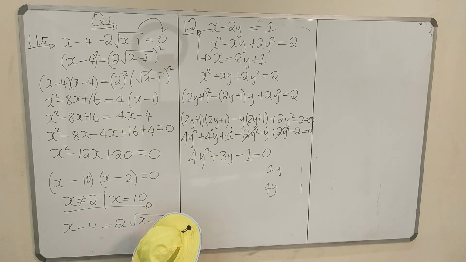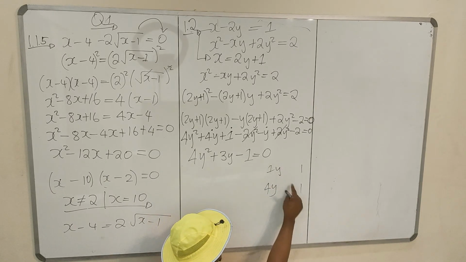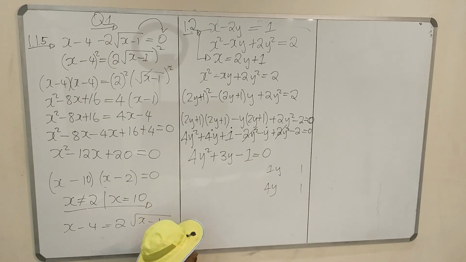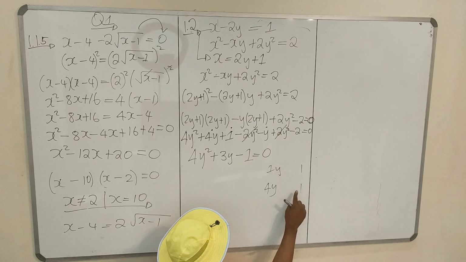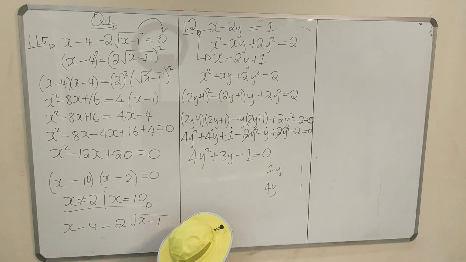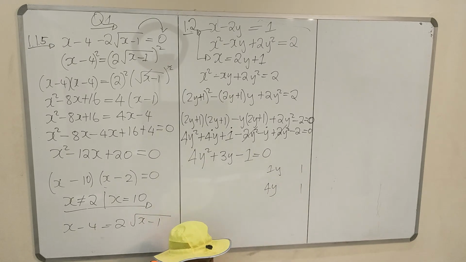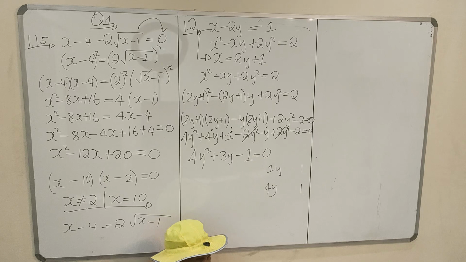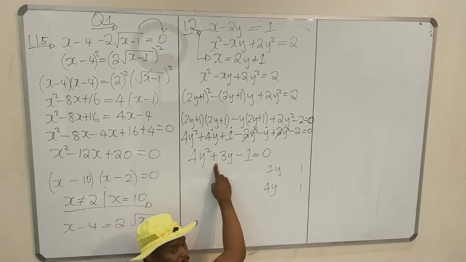How do you decide? The bigger cross multiplication will take the sign of the middle term. Do you understand? So if you say 1y times 1, what is the answer? It's y, it's 1, right? Yes. This times that is 4y. So which one is bigger? The 4y. Yes. So what is the sign of the middle term? It's plus.